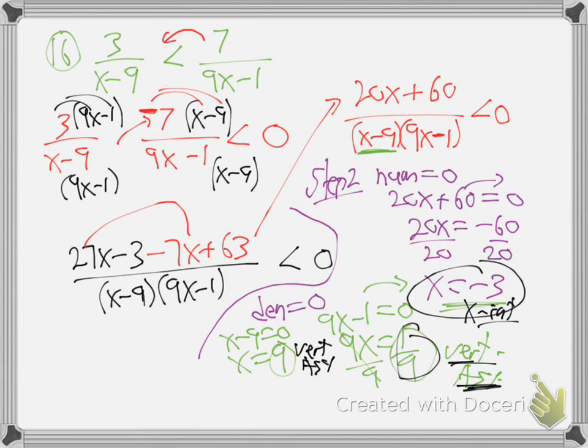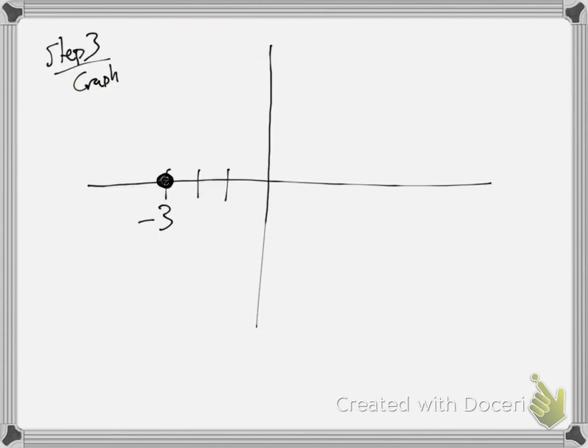They came out of the denominator equaling 0, didn't they? So where's 1/9? That's really close to 0, right here, but just a little bit to the right. That's 1/9, and then way over here at 9. Nothing is to scale.